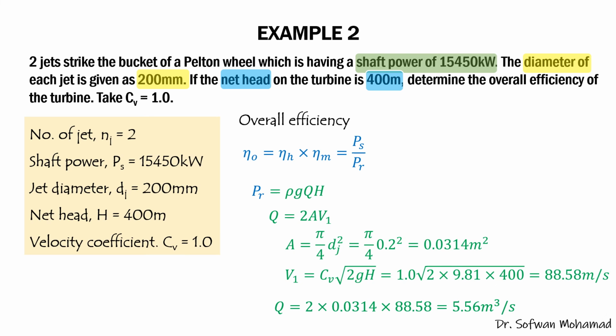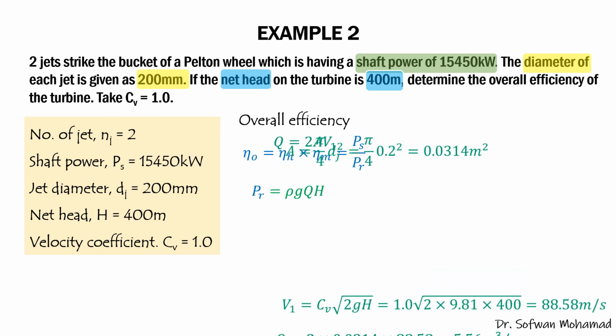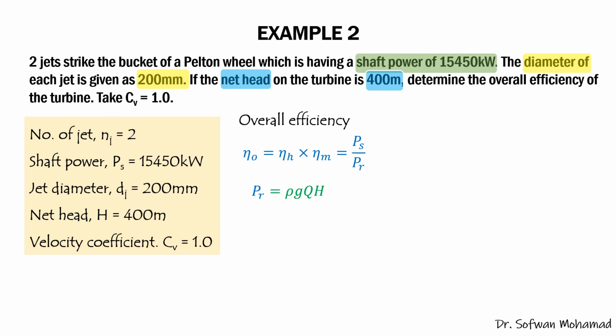So now we can calculate the power developed at the runner. We have rho equal to 1000, G 9.81, Q 5.56, and the net height equal to 400. We multiply all of these values, we will get the power developed at the runner is equal to 21,817.44 kilowatt.